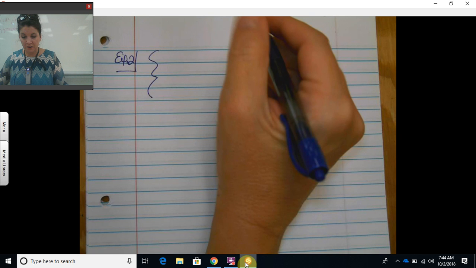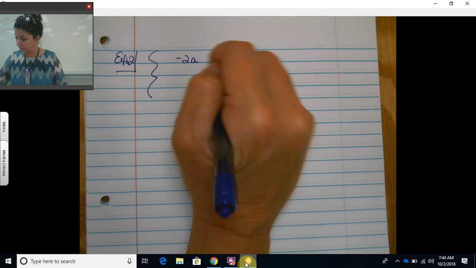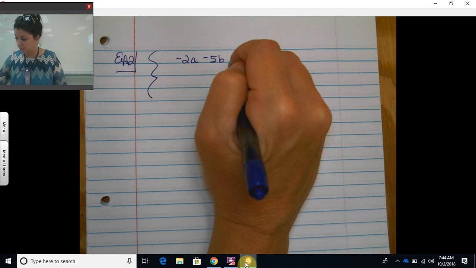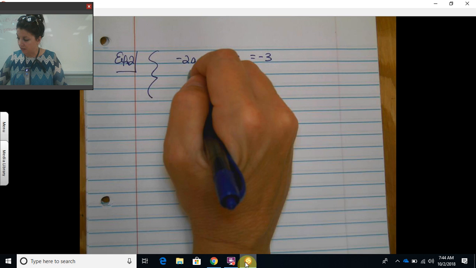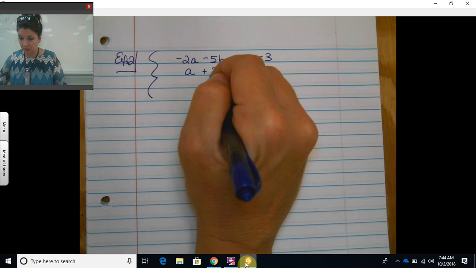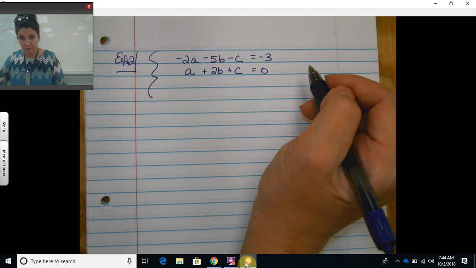Our first equation is negative 2a minus 5b minus c equals negative 3. And we have a plus 2b plus c equals 0.